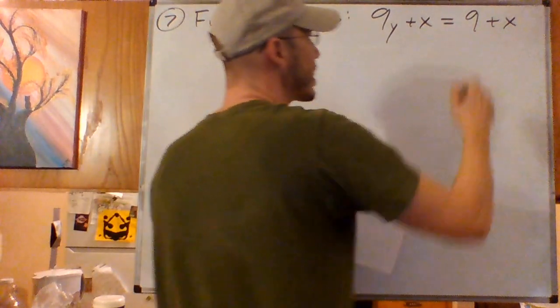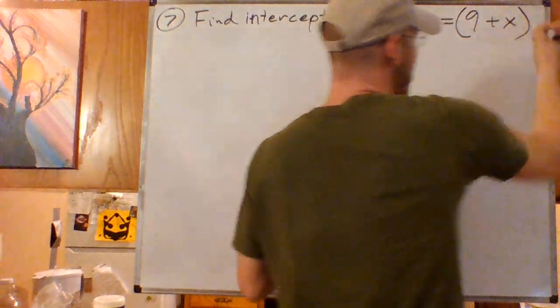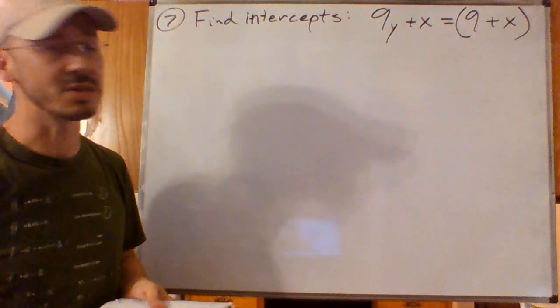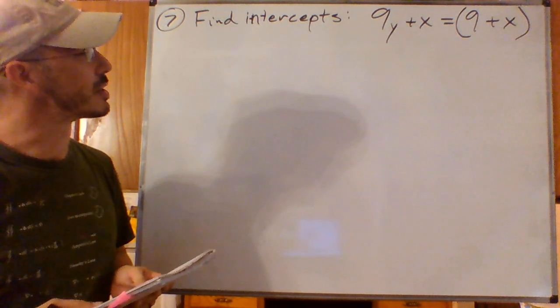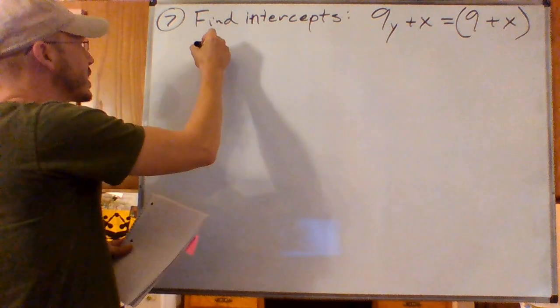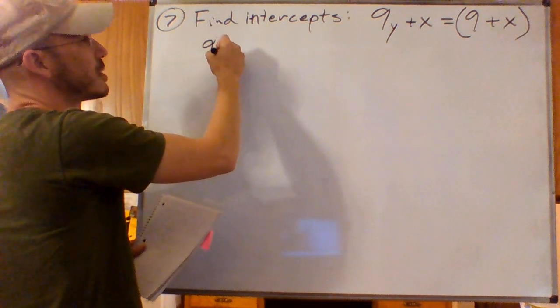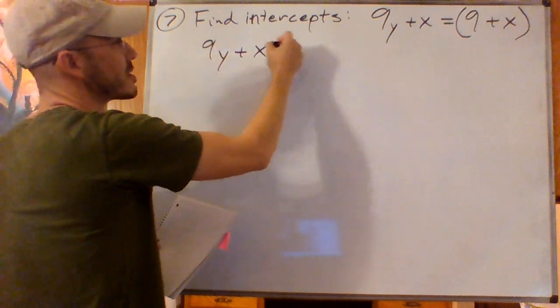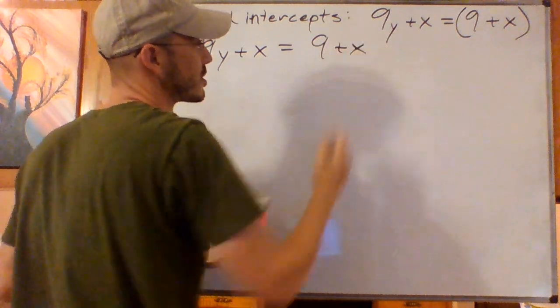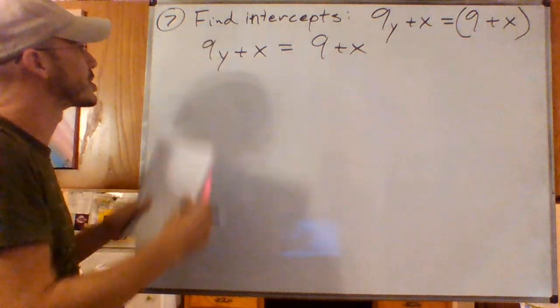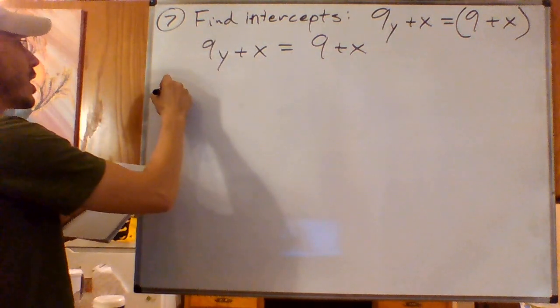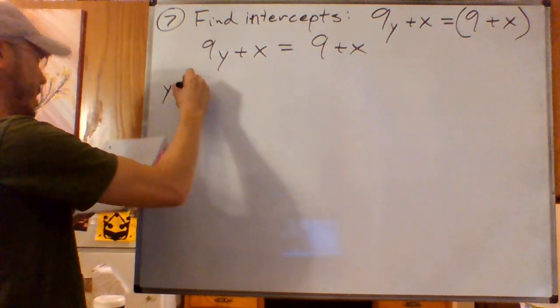For some reason it gave me this expression in parentheses, but those parentheses really aren't doing anything because there's no multiple or negative sign or anything. In fact, I'm going to rewrite it as 9y plus x equals 9 plus x. That'll do. Find intercepts. So first, let's find the y-intercept.